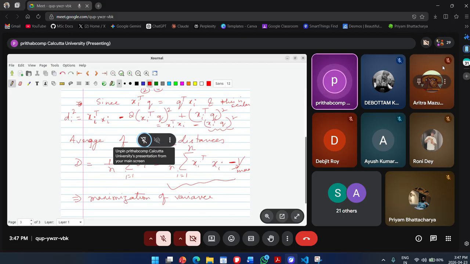So maximization of variance means minimization of mean squared distance to the x's. Okay, so from both sides we saw how principal component analysis really works in this context.